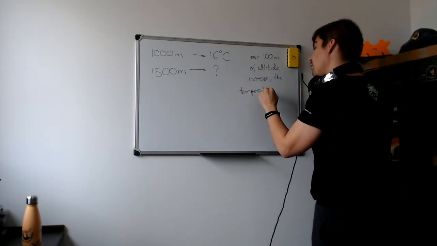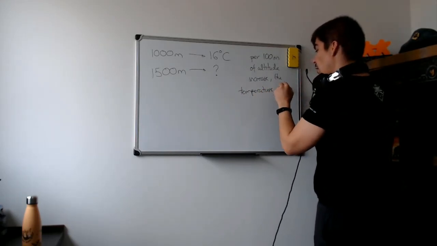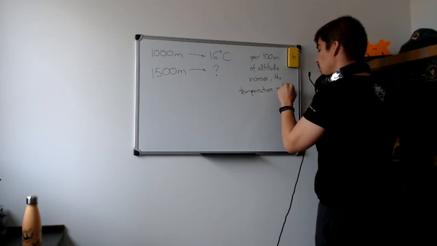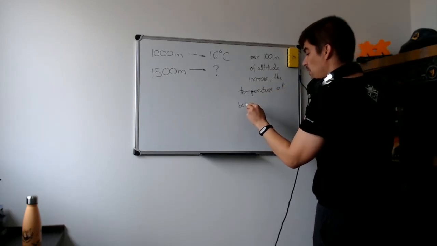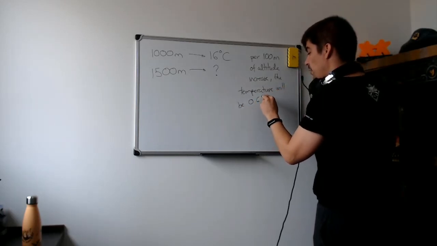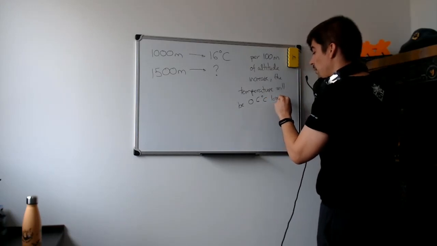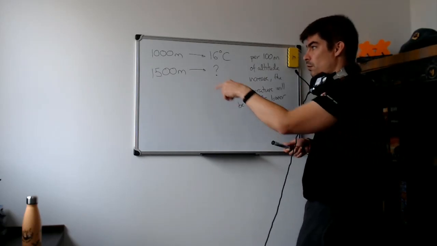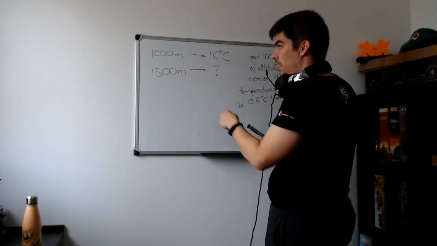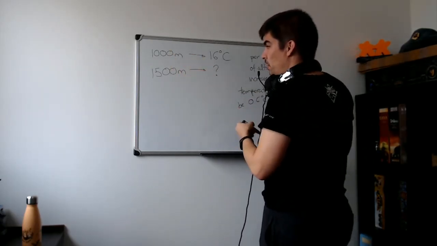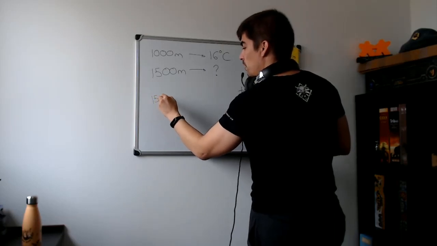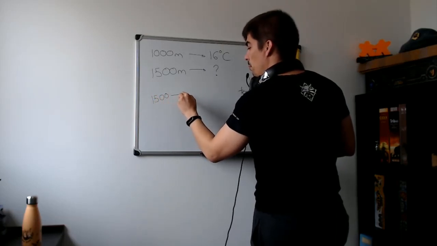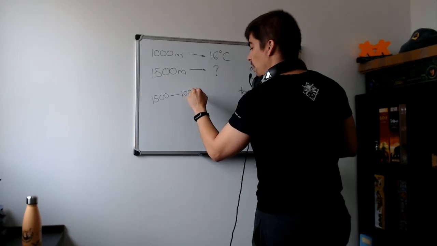The temperature will be 0.6 degrees lower per 100 meters. So, what is the increase in altitude between these 2 points? It's easy. 1,500 minus 1,000.